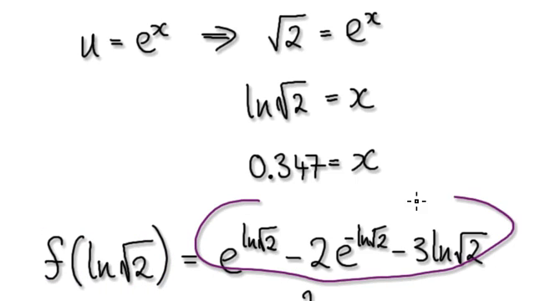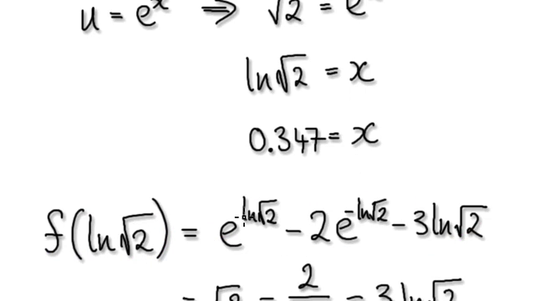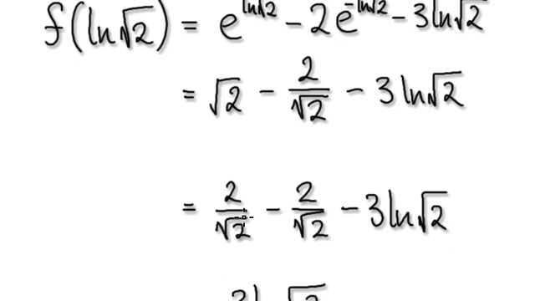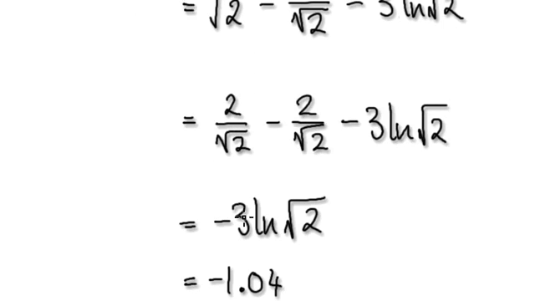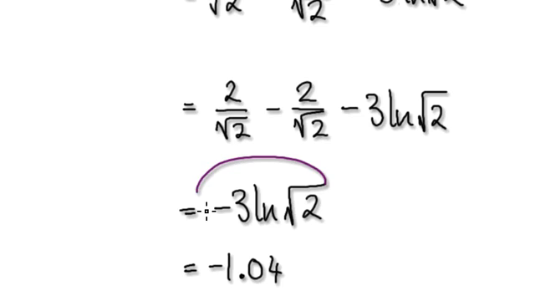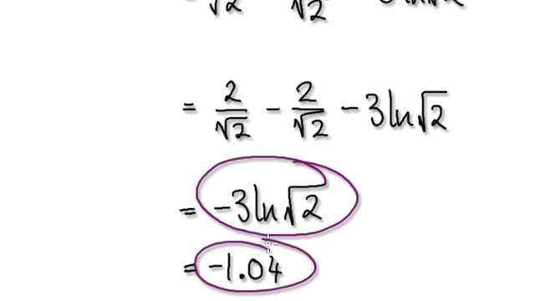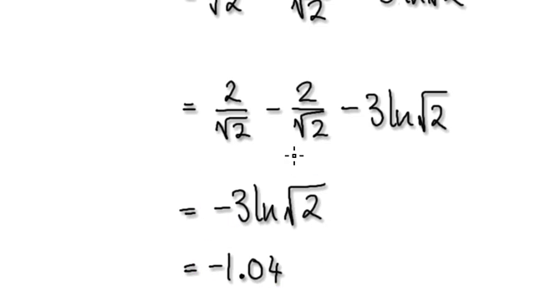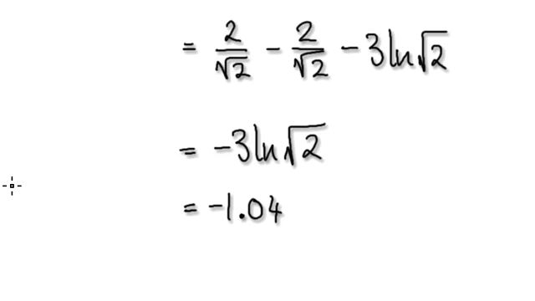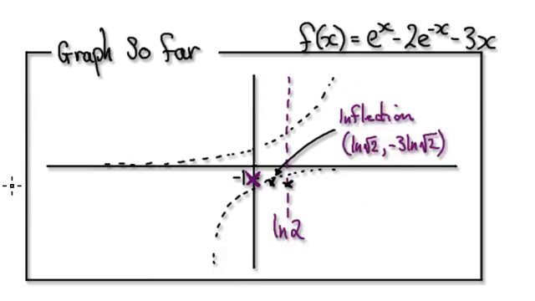That will give you this, which is roughly this. Looking at our graph here, we've got an inflection point at x being this thing here and y being this thing here. So these are the coordinates of our point of inflection.